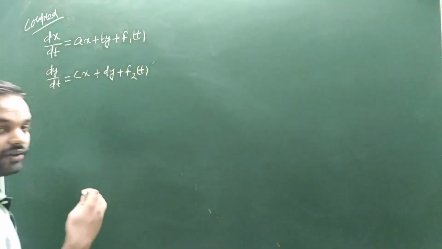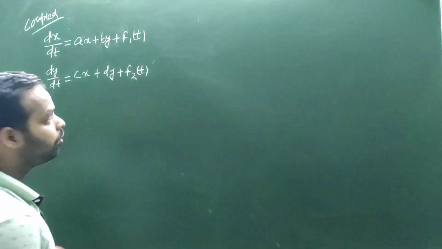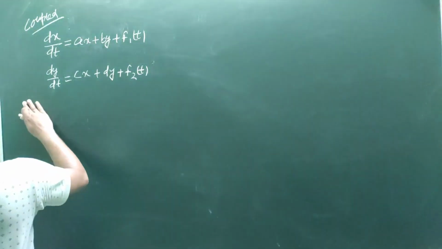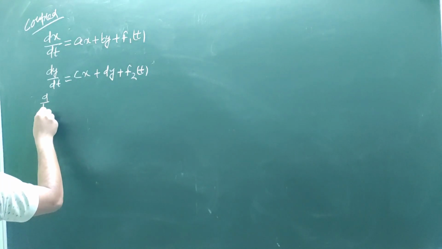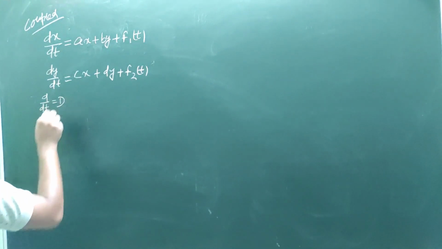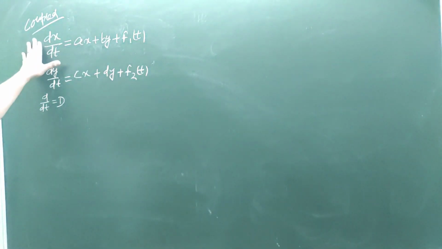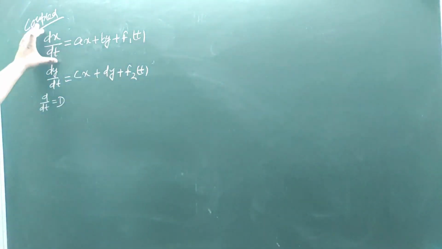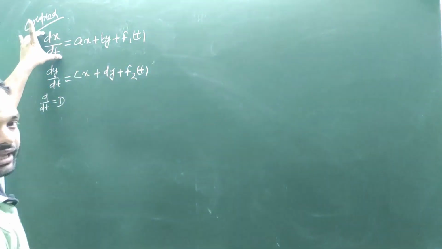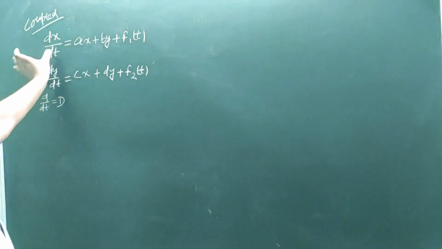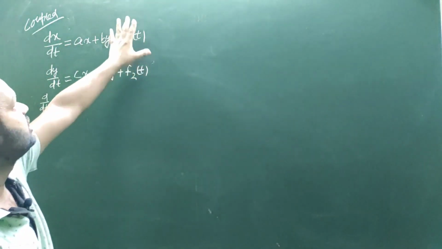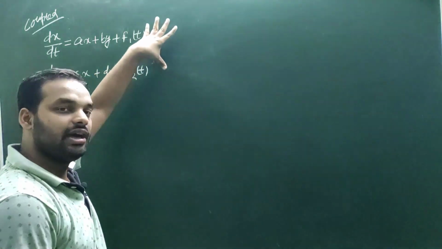Let's do some mathematical formulation. After that I will give you some homework. Here we take d/dt as an operator, capital D, and put it in and rearrange. This will be D x and here ax. Let's take all the variable terms to one side and keep the function on the right-hand side.